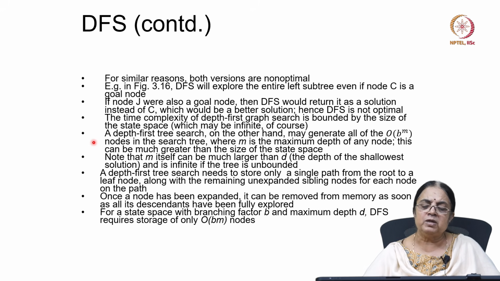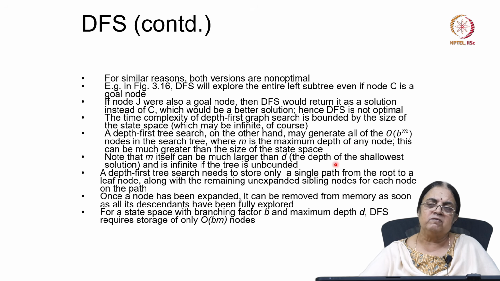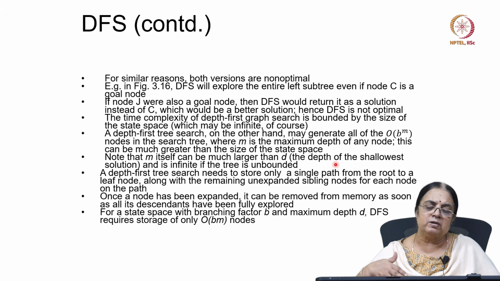So generally you choose one depth M and say that M is the maximum depth up to which you are going to go. But when you do that, if there is a goal state at a greater depth than M, then you are not able to get the solution at all.